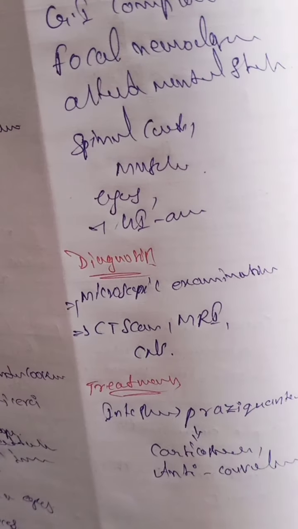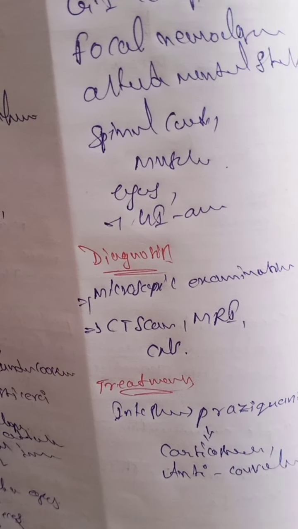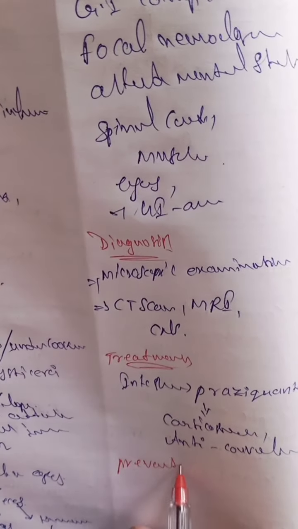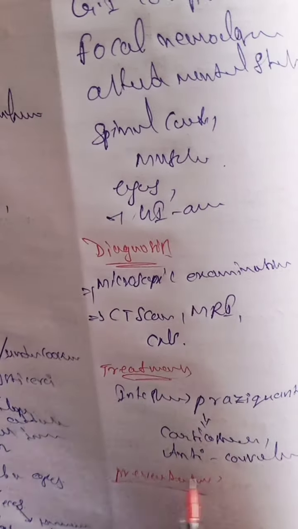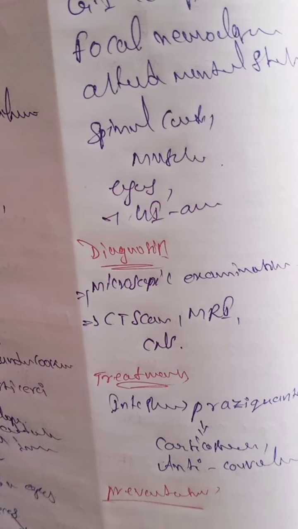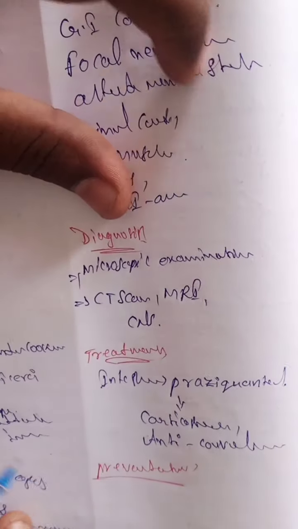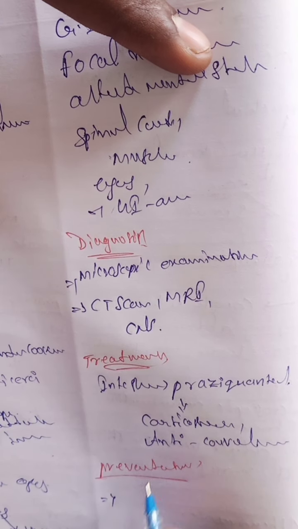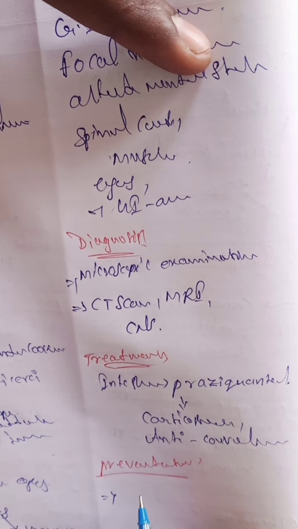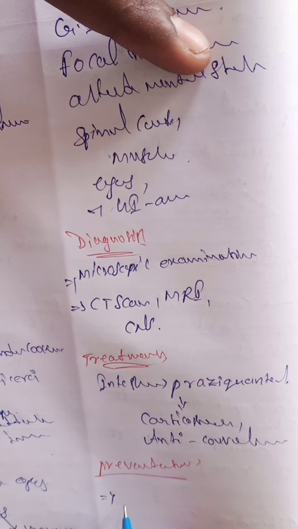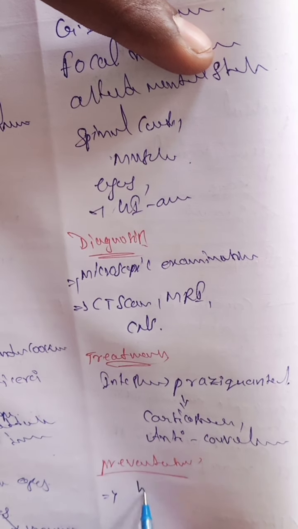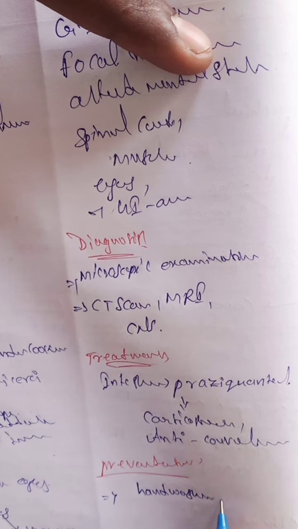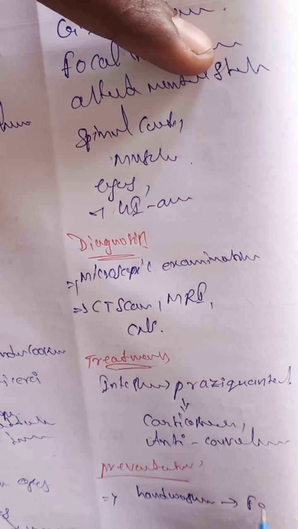So this is about the Taenia solium infection, and now how to prevent it. Prevention: careful hand washing is important, especially for food handlers.